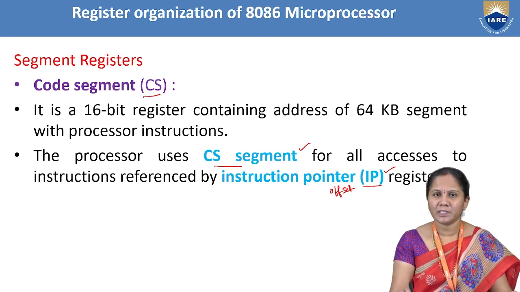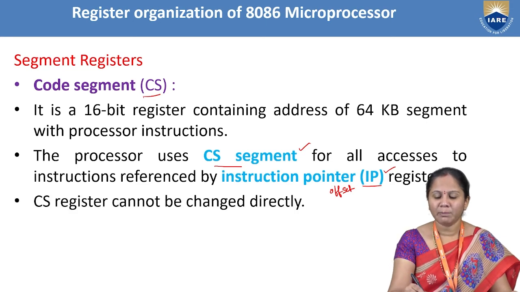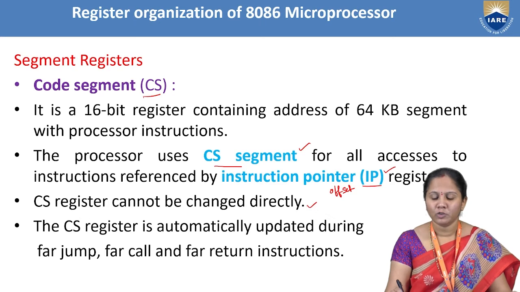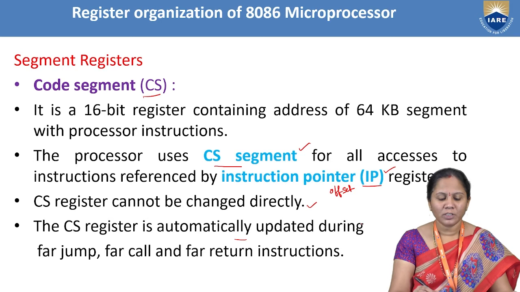So, to find the physical address, if the segment address is from the code segment, we have to consider the offset address coming from the instruction pointer only. By using these two, we calculate a 20-bit physical address. Now, this code segment register cannot be changed directly.